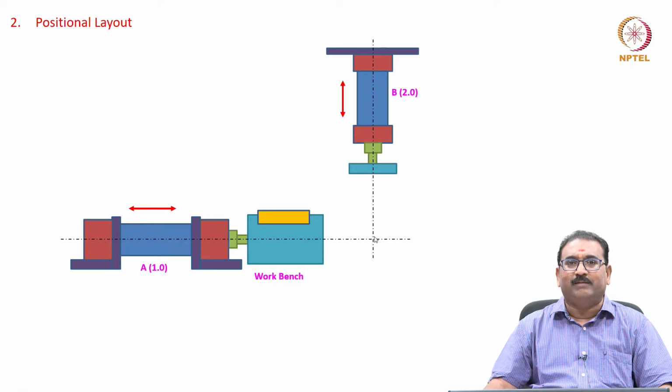After bringing it here, cylinder B will extend and stamps the workpiece. Then it will go back. Then only A will go back. You have to represent the motions like this. This is representing the same task in the positional layout diagram.